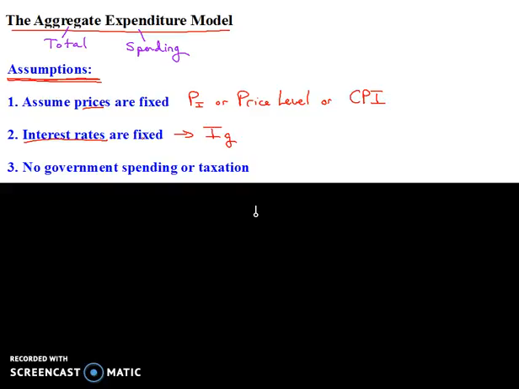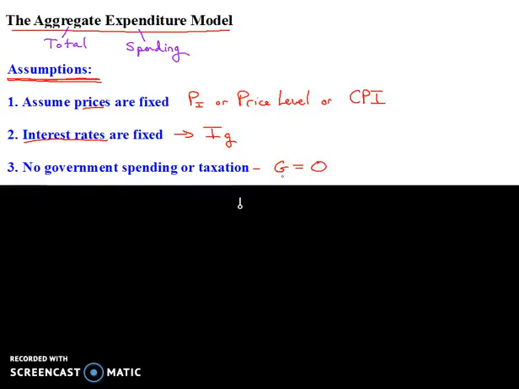Number three, we're going to assume there's no government spending or government taxation. So government spending is going to be equal to zero. When we do our formula, Y equals C plus I plus G plus NX, G is just going to go away. We'll see that in a future podcast as well.